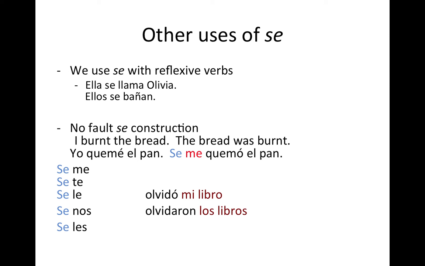For example, comer. Se me olvidó comer. I forgot to eat. Or this thing happened to me, this forgetting. Okay? You will not say I, right? Because you're not taking responsibility for who is doing the forgetting.